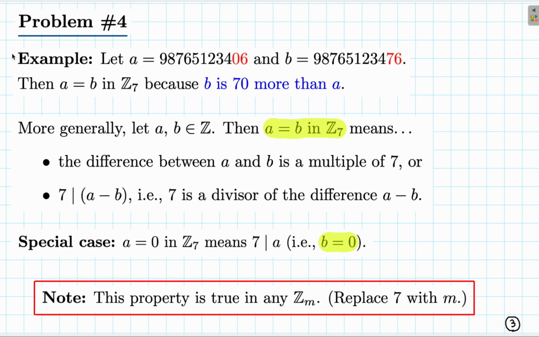In other words, we can say that A is equal to B in Zm is the same as saying m is a divisor of the difference A minus B. That would be the generalization. Instead of using 7, we can use m.